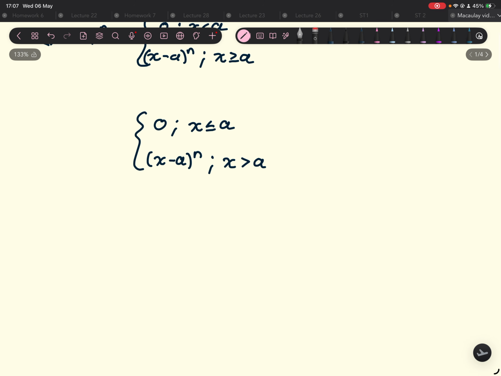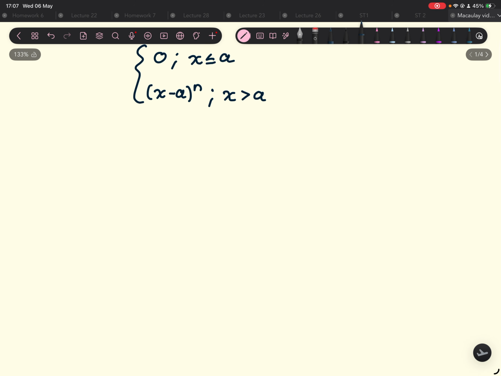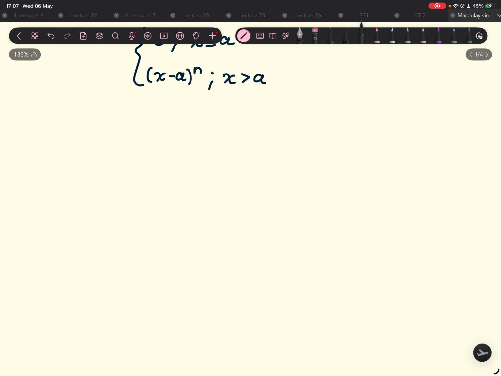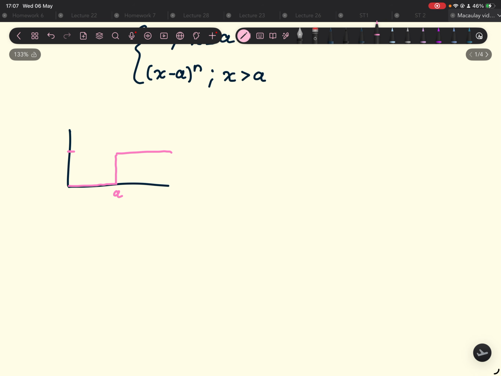So an example would be, let's say you wanted to express a constant. Let's say you wanted something like this, where the function is switched off up until it reaches some point, we'll call this a, and then it must equal b, and it must stay constant. So the way you would express this using Macaulay brackets is you'd have b, and over here, you specify where you want it to switch on.